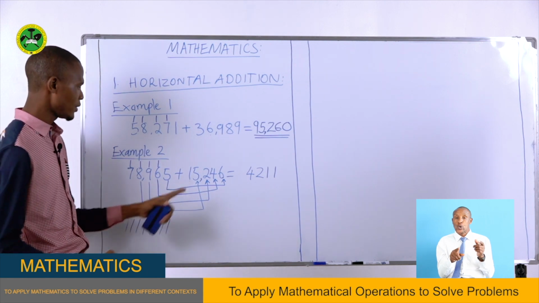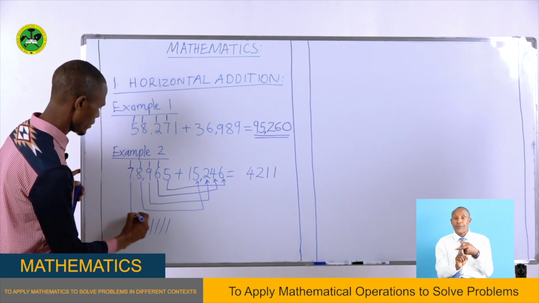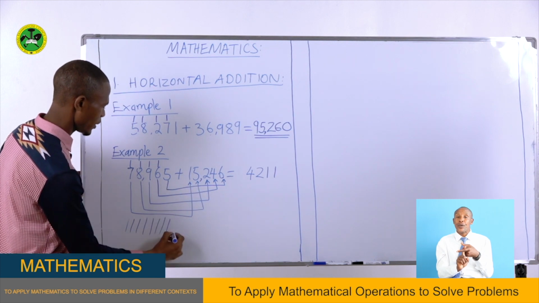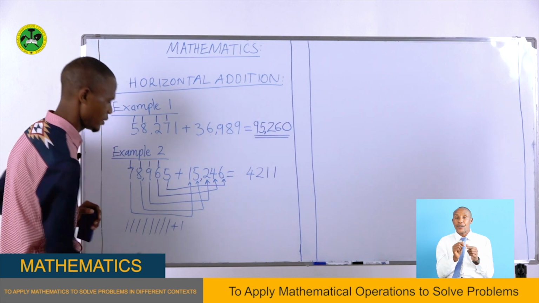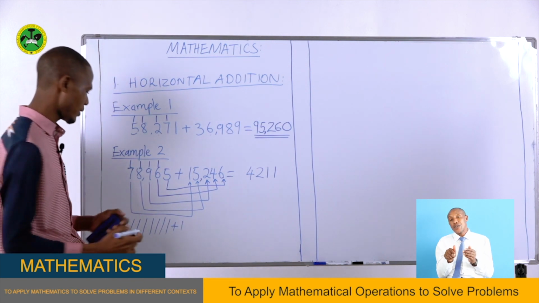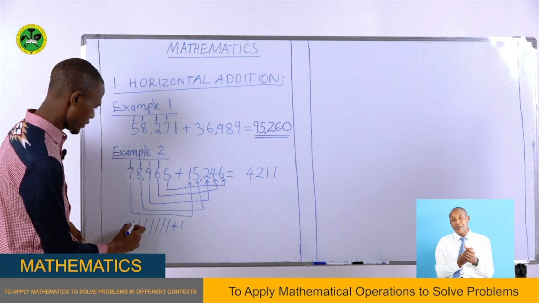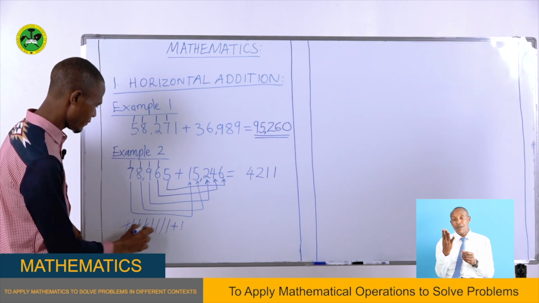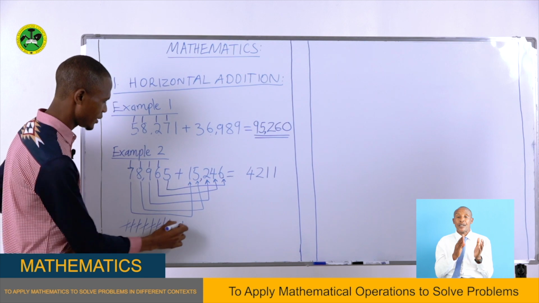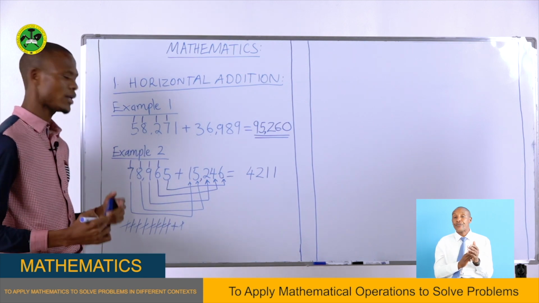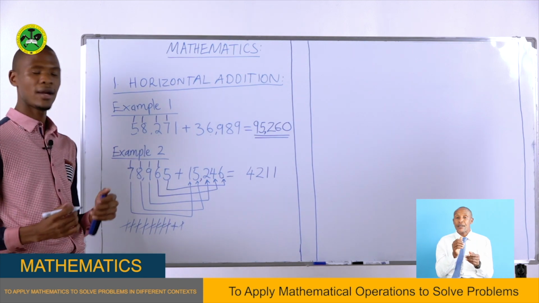These 8 tallies we add with 1. So add 1 more tally. Then count together. 1, 2, 3, 4, 5, 6, 7, 8, 9. So the answer is 9.